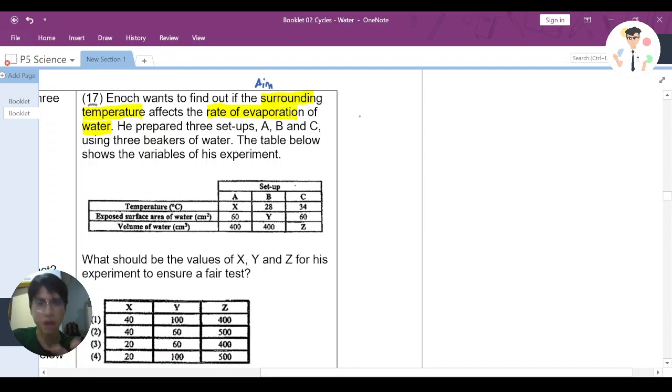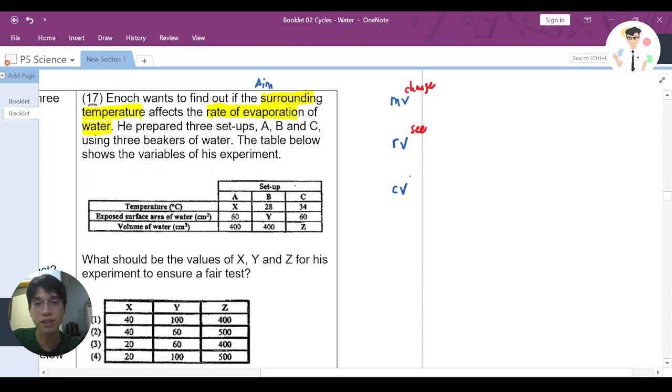So when it comes to experiment, again, I want to mention this again. We have something called MV, manipulated variable, RV, responding variable, and another one is CV, constant variable. And again, I've explained this before. MV, manipulated variable, is something that needs to be changed. RV is something we need to see. There's a result that we want to see.